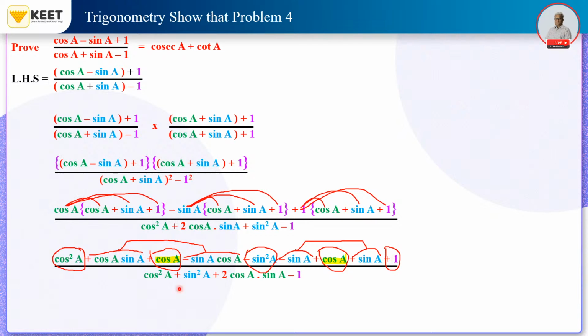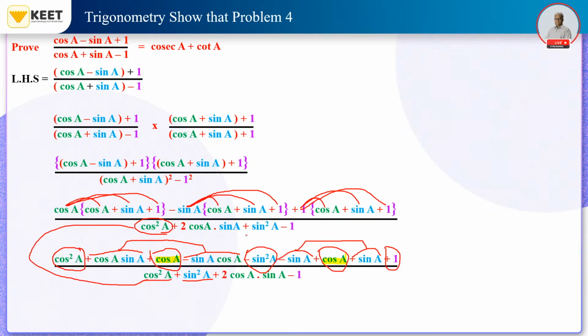Whereas now come to the denominator. In the denominator, this cos square A and sin square A. The cos square A of this denominator, I'll just bring it here.